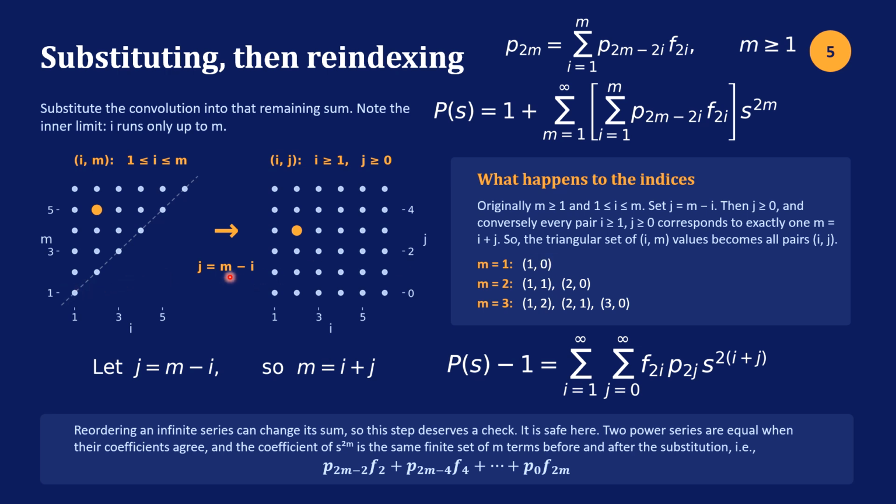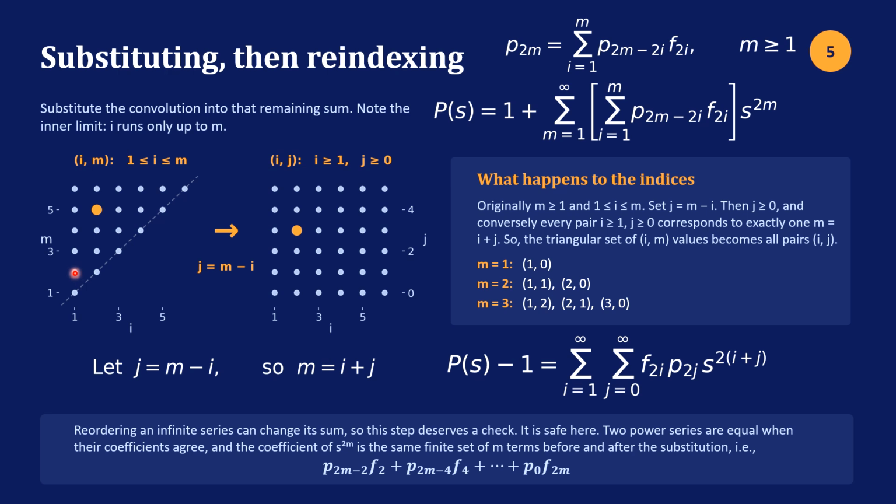You notice m is i plus j, so when you add these together, you get 1 for m. And then this point here is (1, 1). It's i equals 1 and j equals 1, and m would be 2.